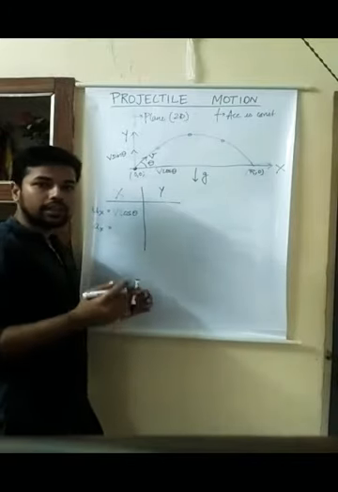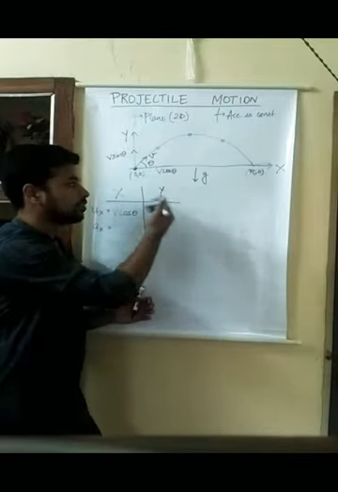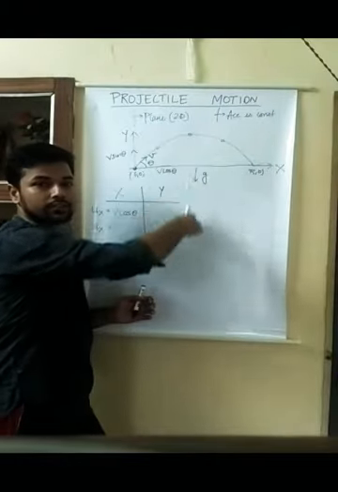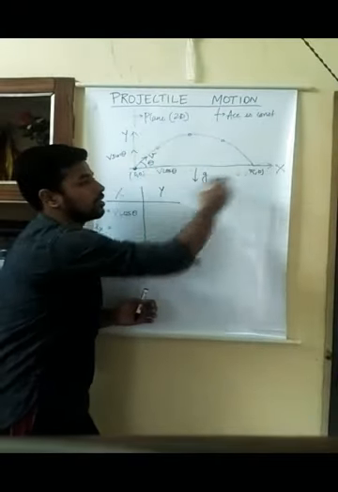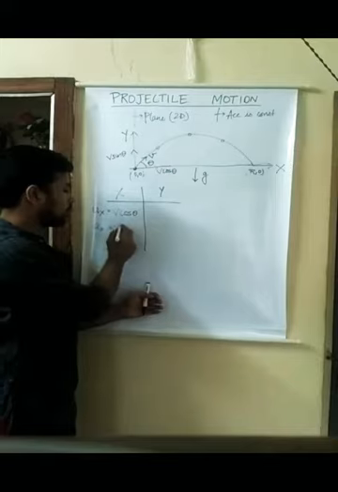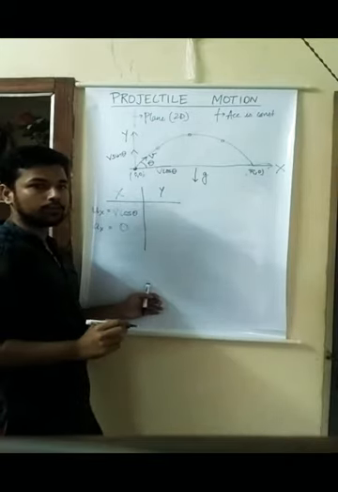Acceleration in the x direction: as I mentioned, the only acceleration here is gravity, which works in the negative y direction. There is no acceleration in the x direction, so acceleration in x is 0.